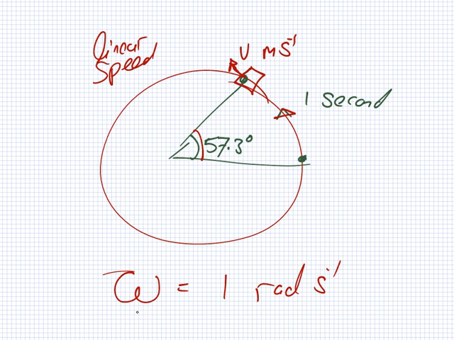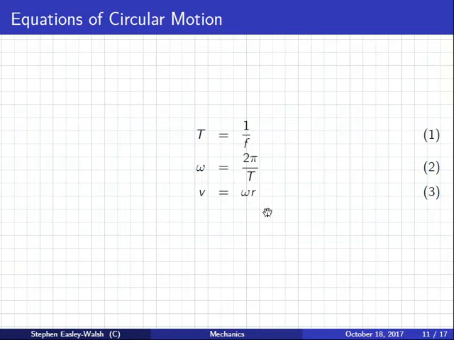Okay, so these are different. This one's in radians per second, and this one is in meters per second. So the v is omega r. Got that? Next one.